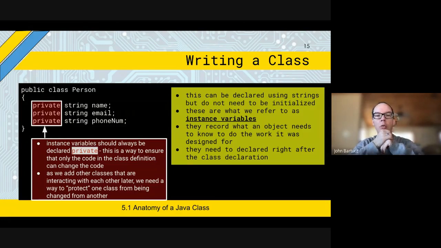So only methods within our own person class will be able to change these variables. Nobody else will be able to change them. That's what private means. You can think about it as private is stored inside your house. And so nobody can get in and just change stuff willy-nilly.